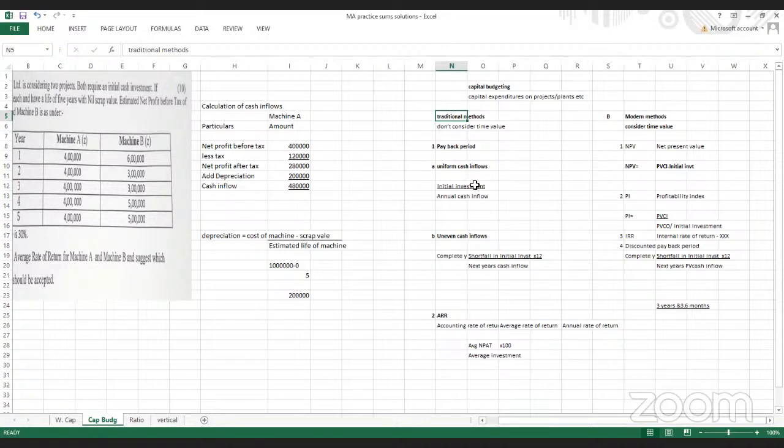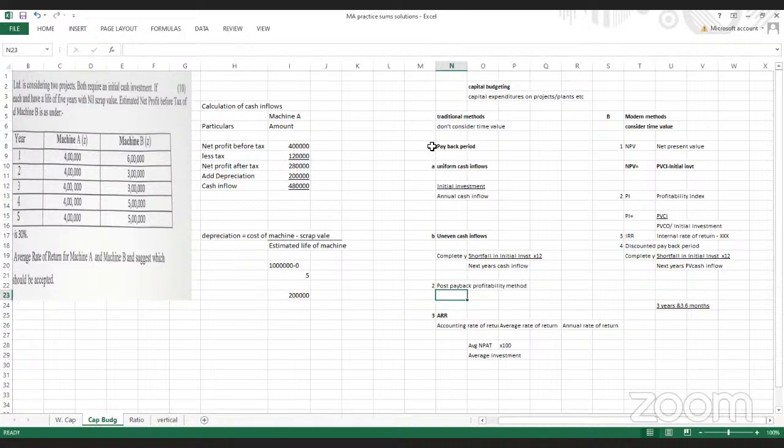Under traditional we have payback period method and ARR. One more is there, I'll add that here so that you learn all 3. Second is post payback profitability method. So these 3 methods are there.